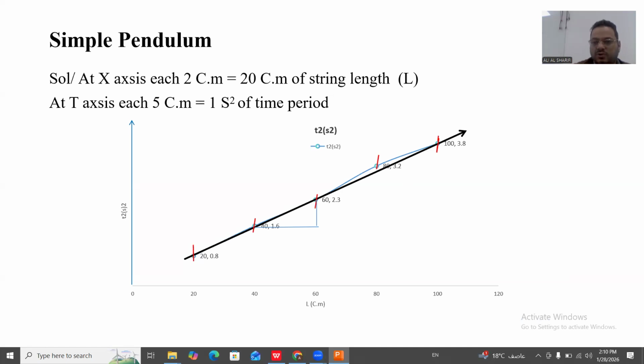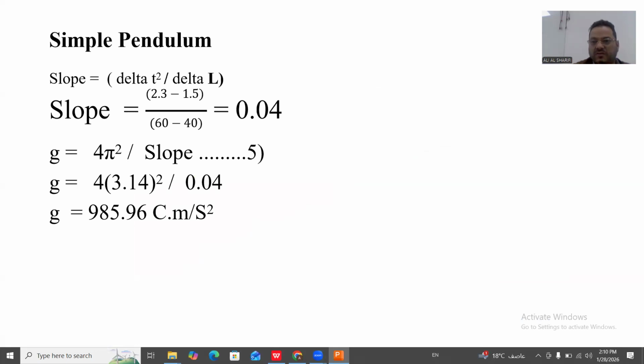You should calculate the best number from these many slopes to reach the acceleration nearest to the standard result, 9.8 meters per second squared. Okay, here it's equal to y.